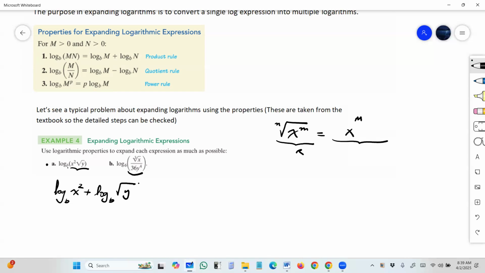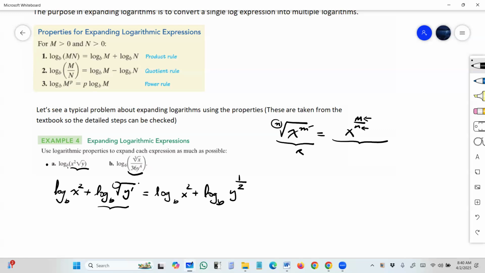Whatever the index of the radical is, it becomes the denominator, and the power of the radicand becomes the numerator. Again, this is a review. So I'm going to write log base b of x squared plus log base b of y to the 1/2, and the square root has an index of 2. Anytime the index is not visible, it is 2.